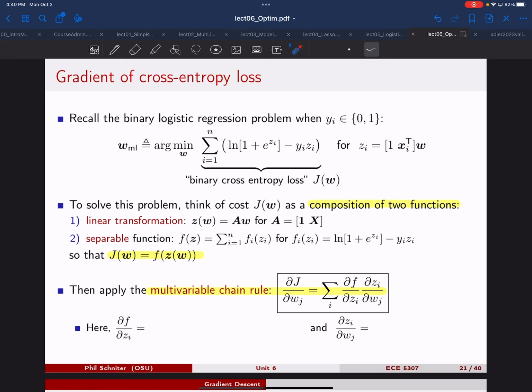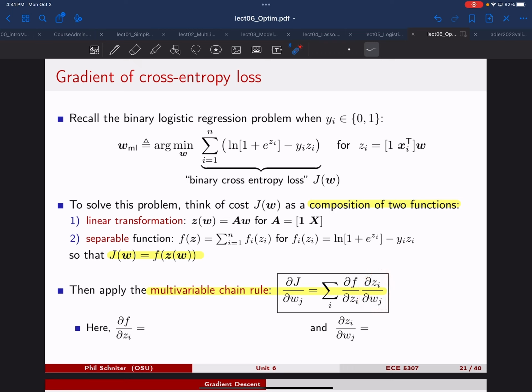Is there any reason why we can't just use the zi terms to cancel each other out? No, what do you mean by cancel each other out? Oh, I see. Maybe it's a notational thing, but think of this as a function, df dzi, and this is another function.